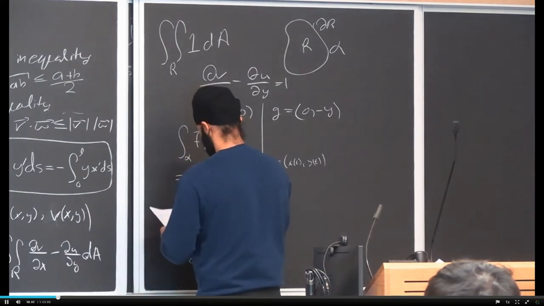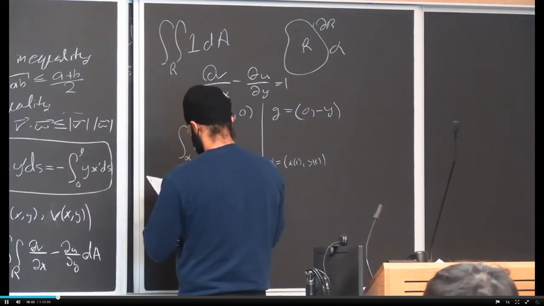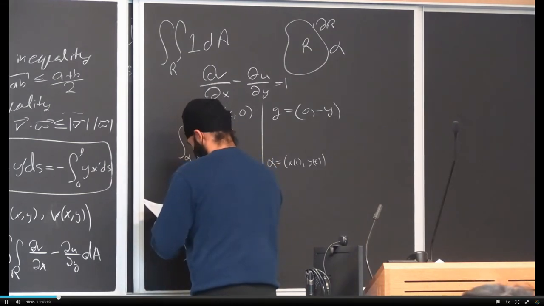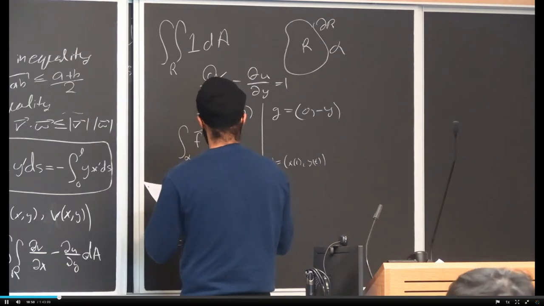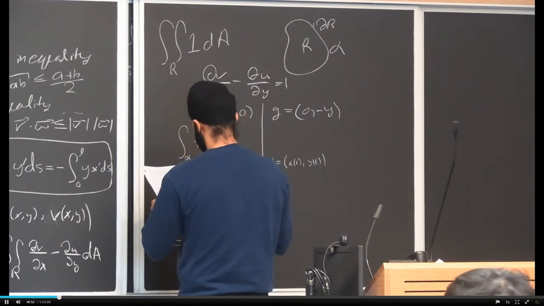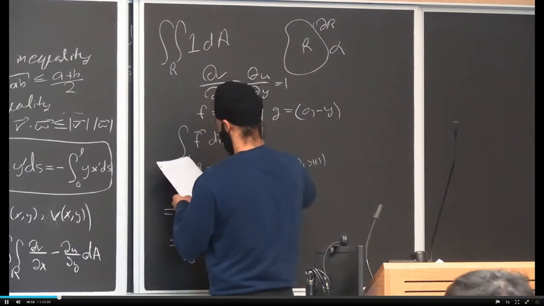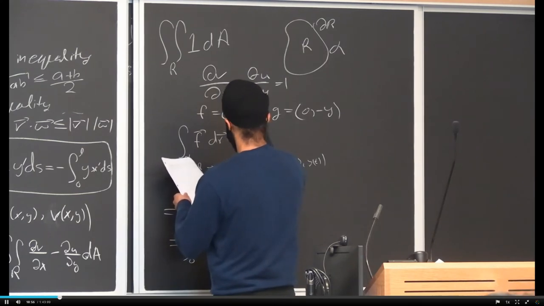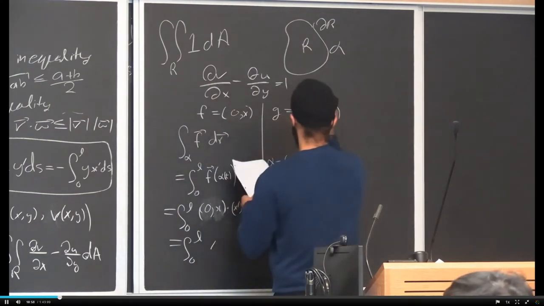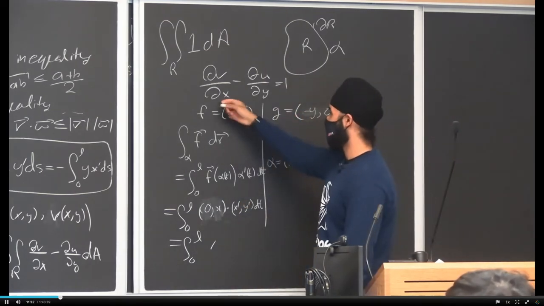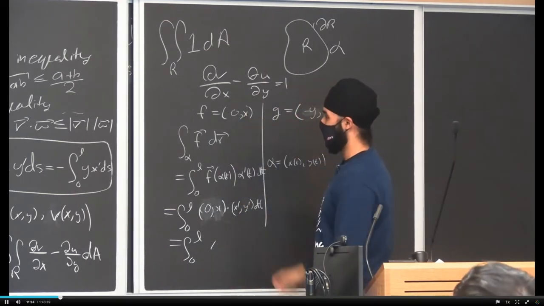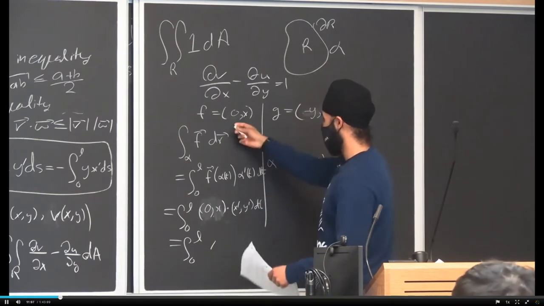Sorry. So this is supposed to be 0, x. Let me double check. The mistake I made was that the derivatives are kind of flipped. So this is the actual function.